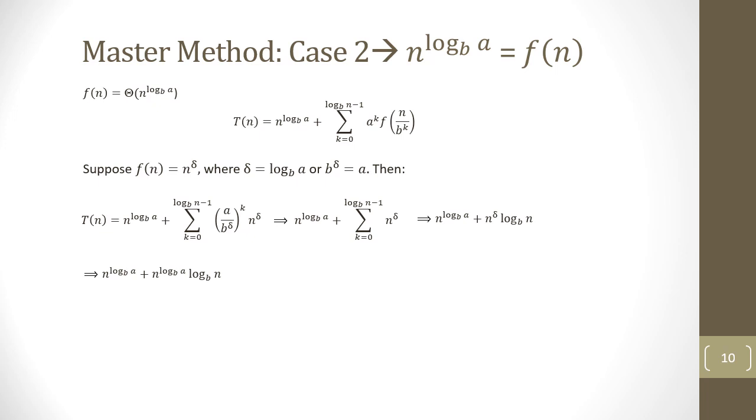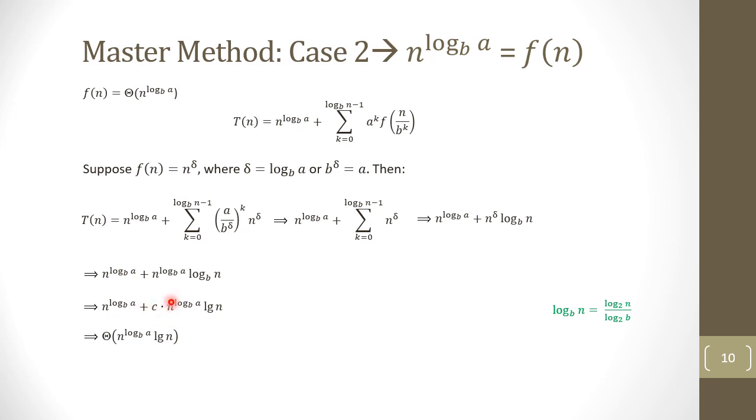And by using the property of changing the base of log, we can change the log base b to log base 2 of n, and our big theta in this case will be n to the power of log base b of a log n.